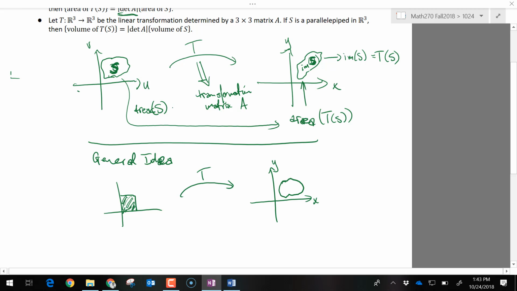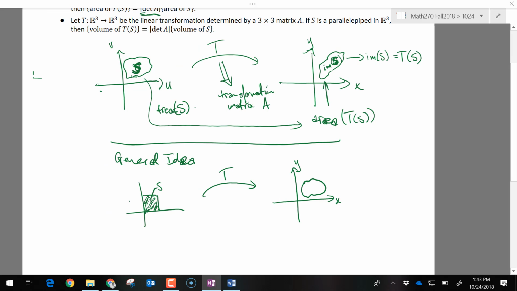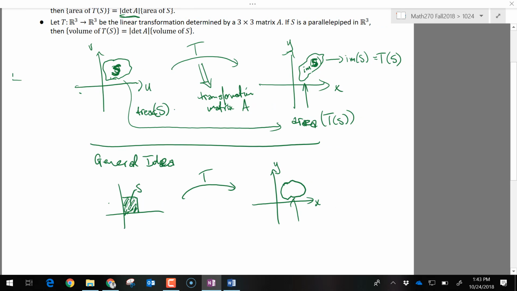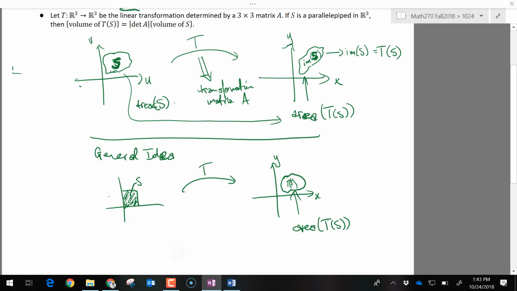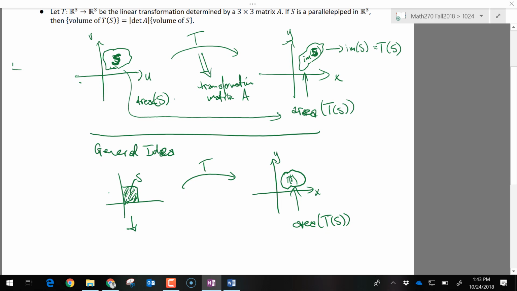But if for some reason you're able to find a transformation where the area that you start with is a nice simple area that you can find, then if you want to find this area, it's as easy as finding the area of S, which hopefully would be easier than finding the area of T of S. And then all you have to do is multiply it by the determinant of A, the absolute value of that. Because again, you want it to be positive.